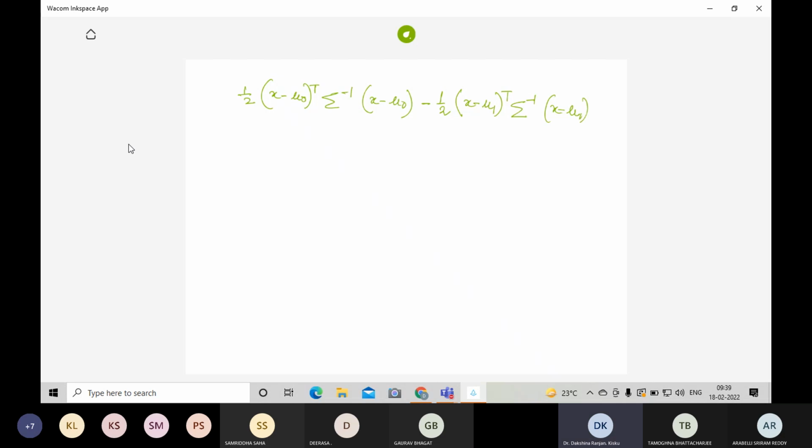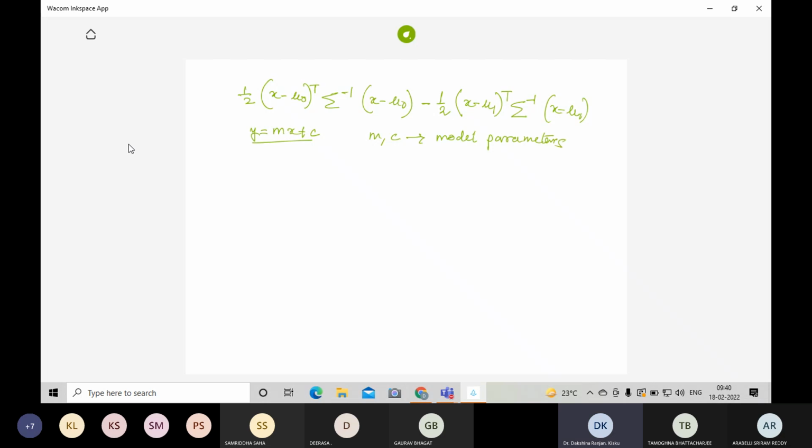Now, if we remember the linear regression equation, y equals mx plus c, here m and c are the model parameters.